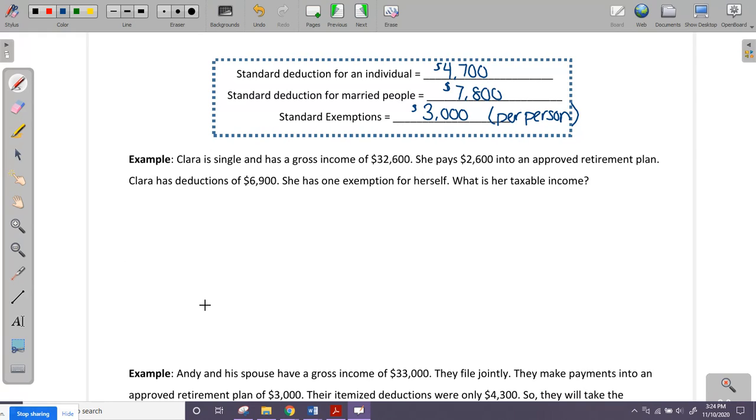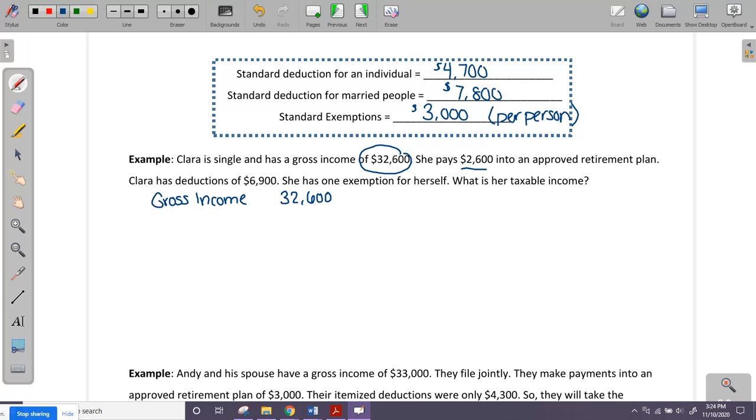So we are always going to start off with our gross income, $32,600. Then we're going to look at any adjustments, so money paid into anything that's been approved.